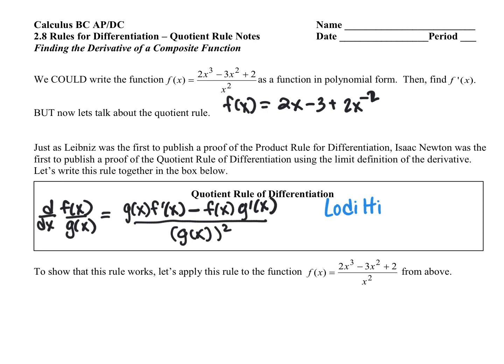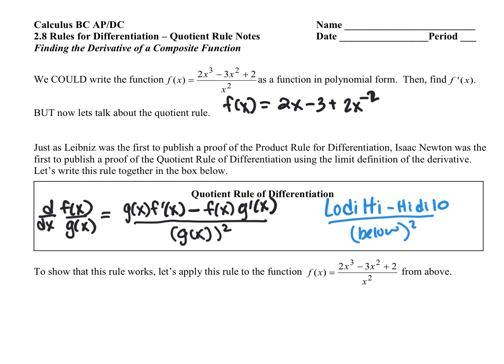Low d high, low derivative of high, minus high d low, all over the square of what's below. So low function times the derivative of the top function, d high, minus high, top function, derivative of the low, d low, all over the square of what's below. So that can kind of just help you remember which one comes first.